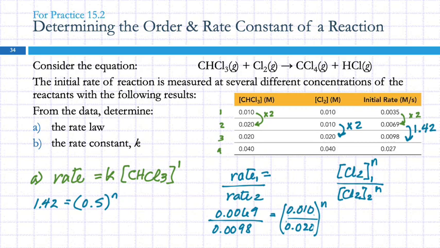What do we do to bring the n down out of its exponent? Logarithm. So the log of 1.42 is equal to n times the log of 0.5.